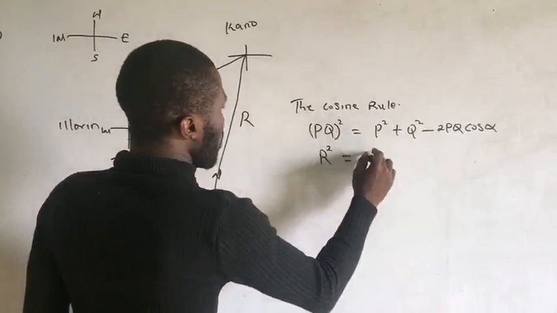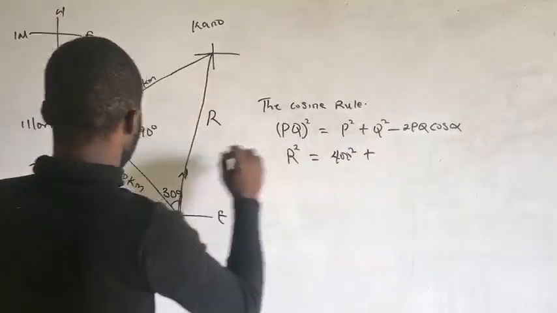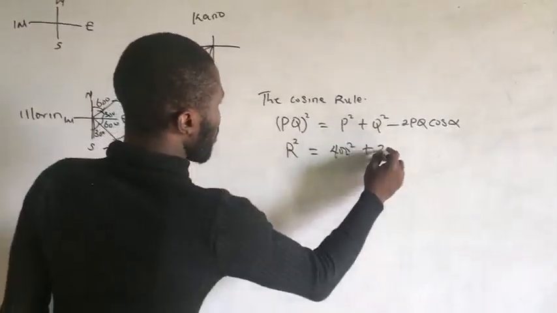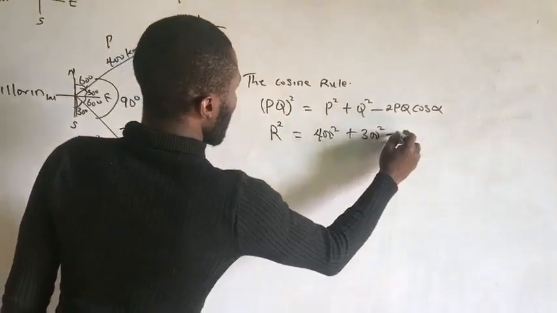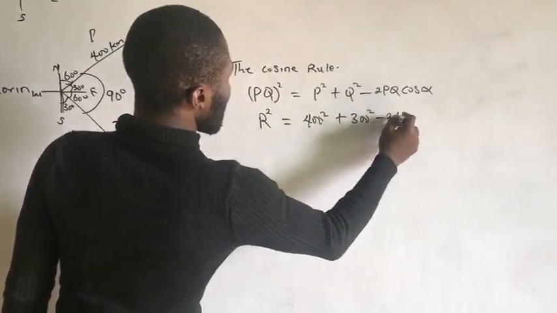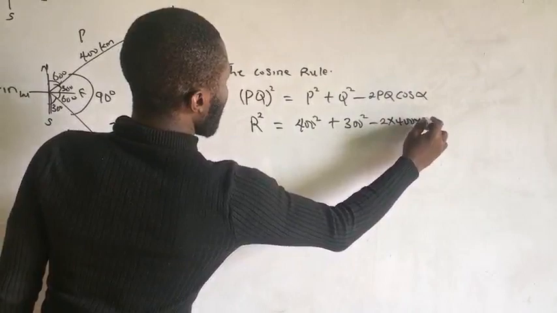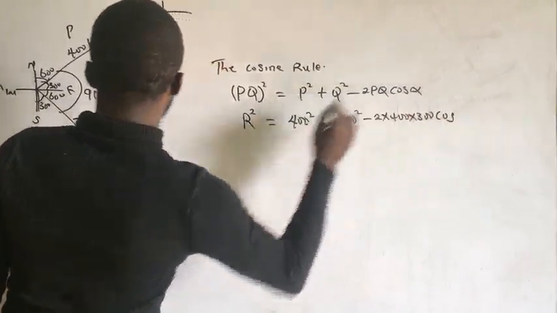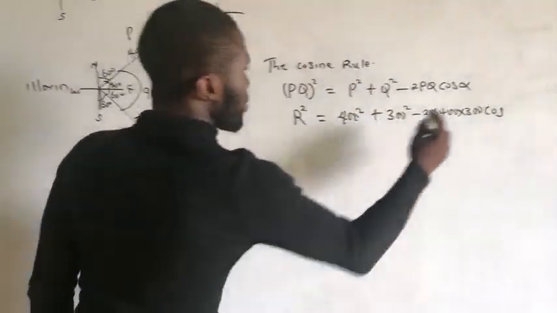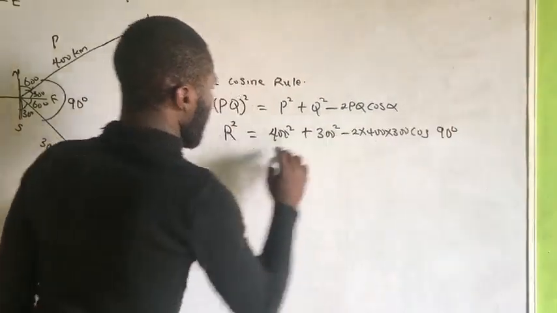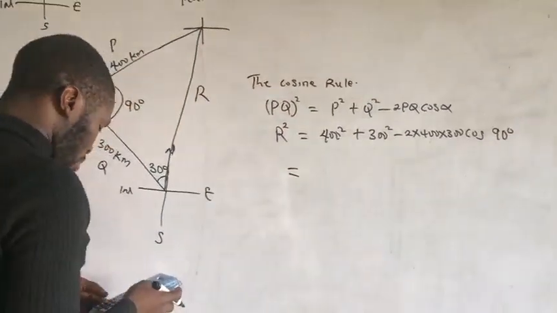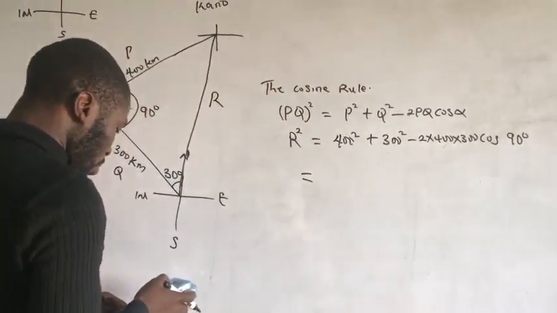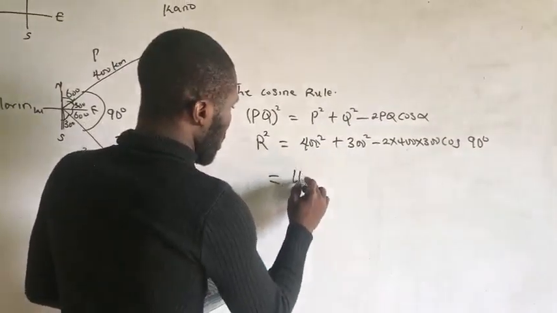square, which is 400 square, plus Q square, which is 300 square, minus 2PQ, that is 2 times 400 times 300 cos, what's our alpha? 90 degrees. So what is 400 squared? That's 160,000.